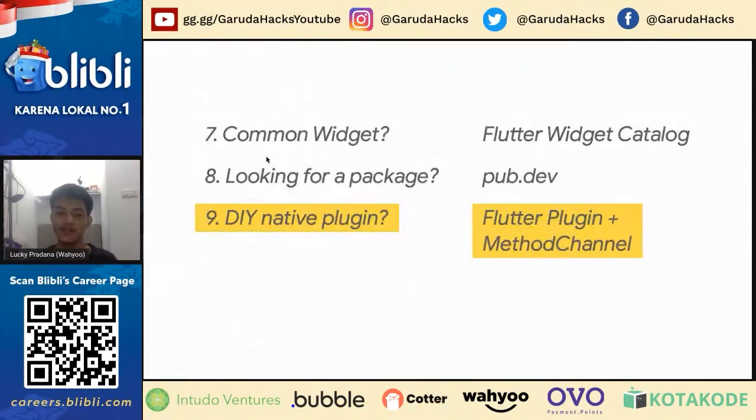And the third one is plugin. It's kind of the same as packages, but with a plugin you can access the native side of the device. For example, for iOS, I can access the native side using Swift or Objective-C, and for Android, I can use Kotlin or Java. It's called a method channel to access that.